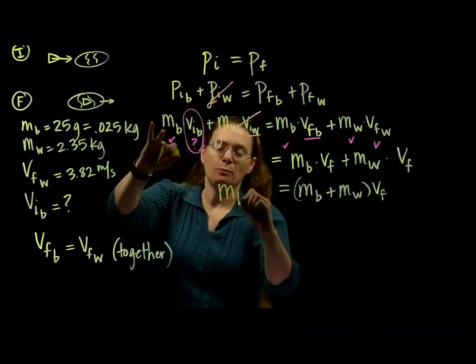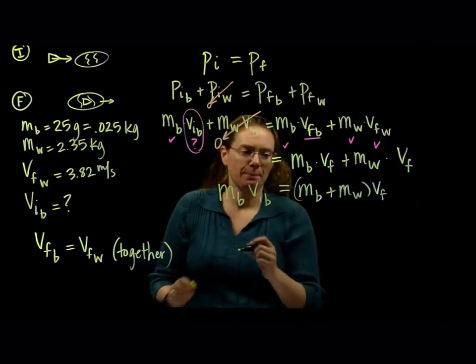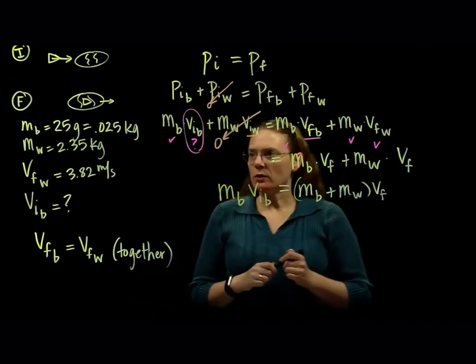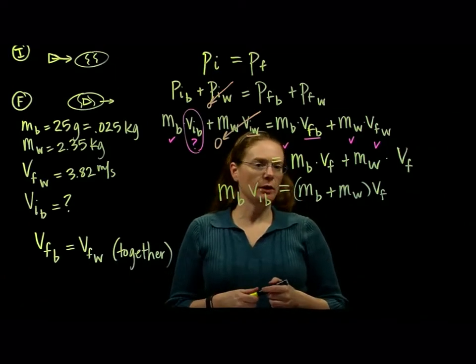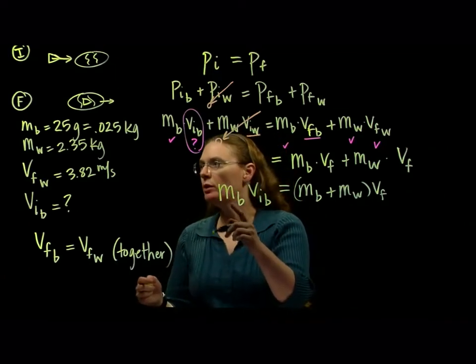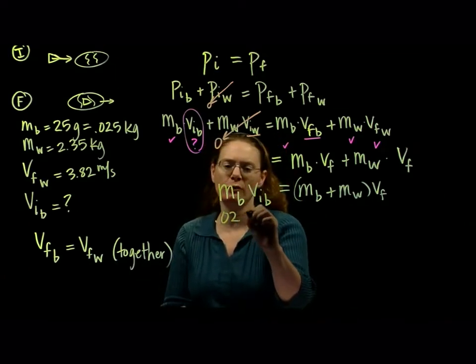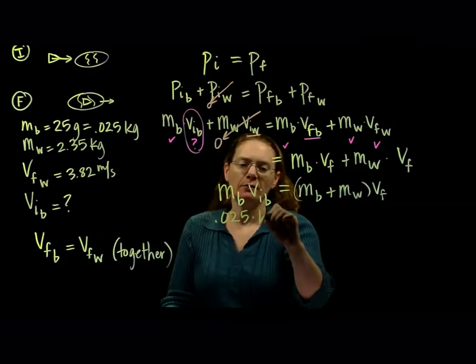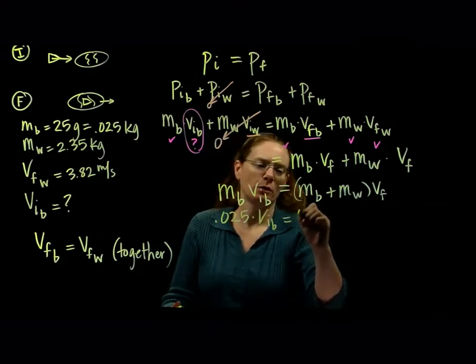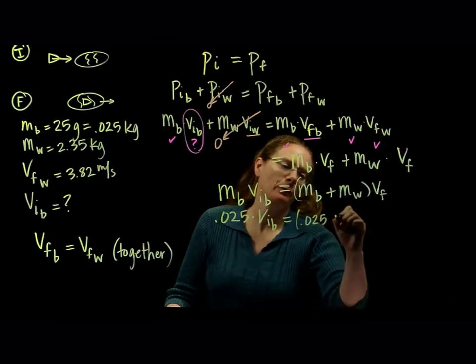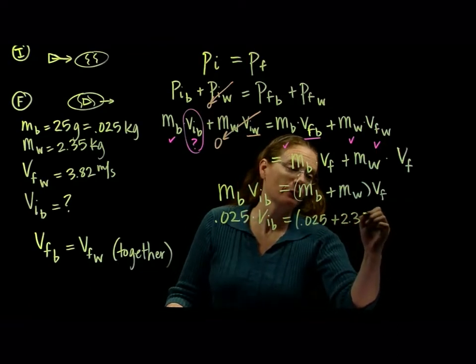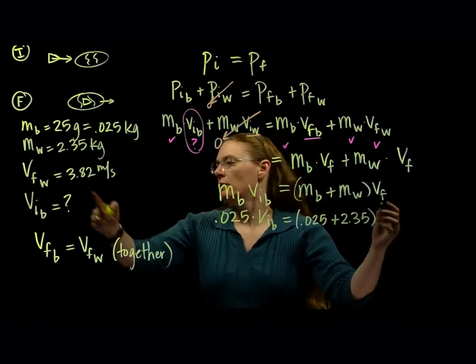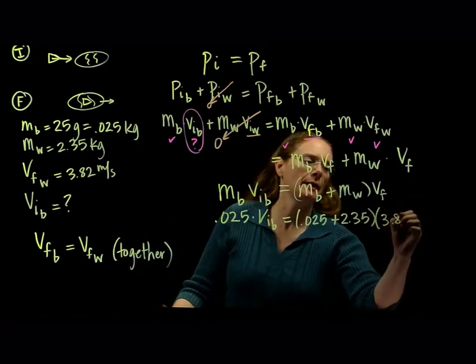Here we've got mass of the bullet times V initial bullet. All right, so we know everything, don't we, except V initial bullet. Mass of the bullet was 0.025 times V initial bullet equals 0.025 plus 2.35 times V final, 3.82.